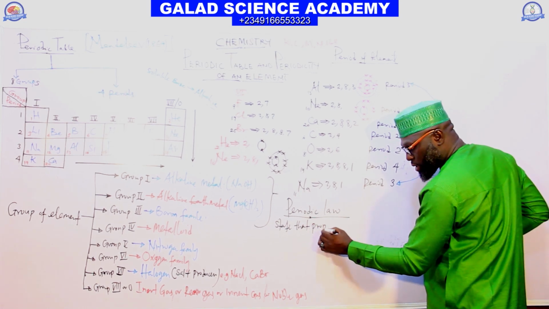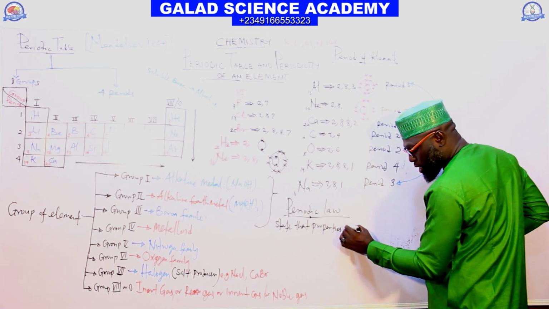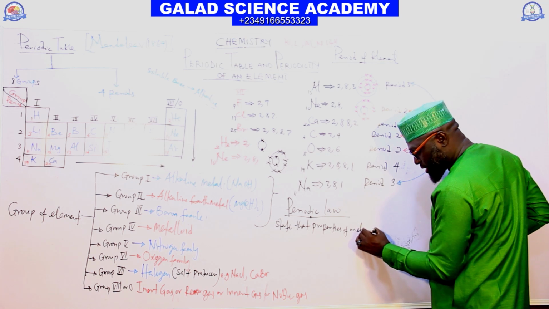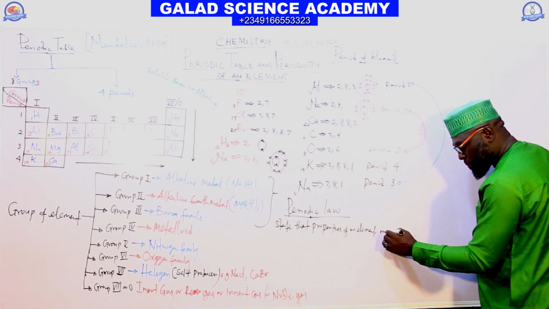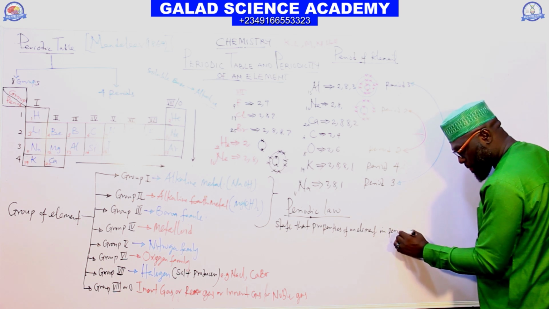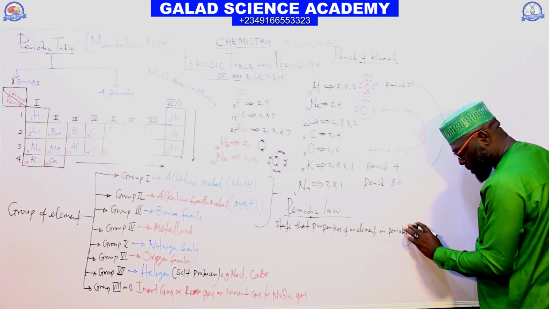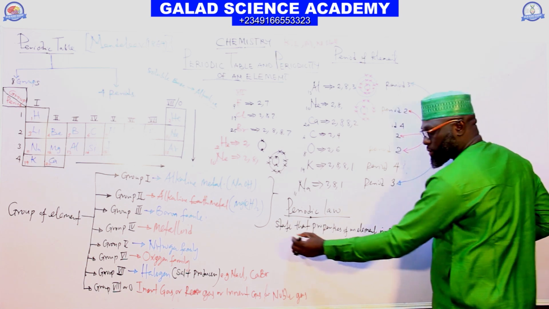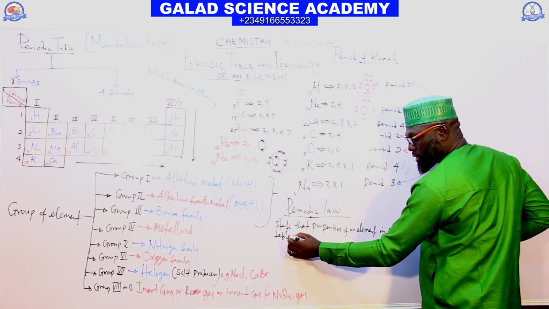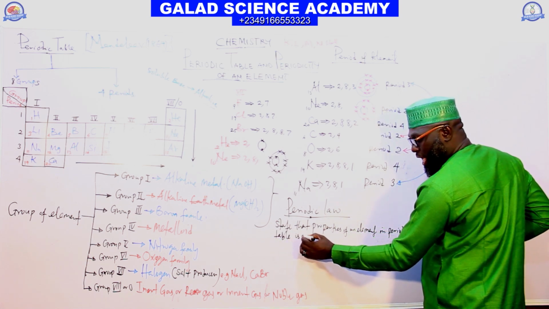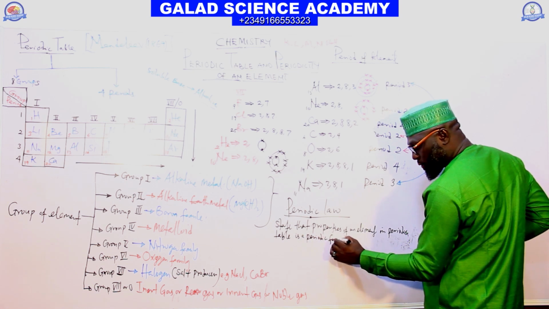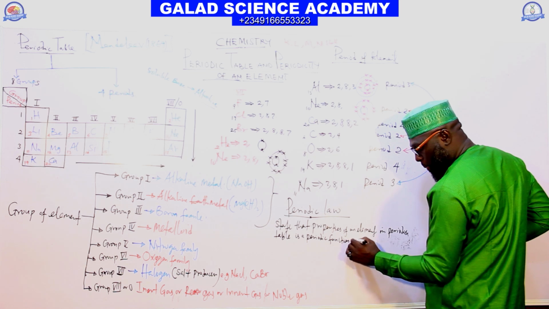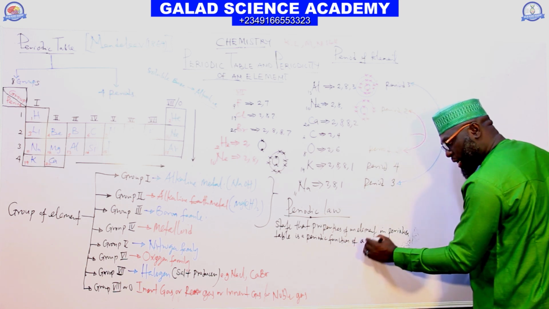Properties of an element in the periodic table is a periodic function of atomic number.